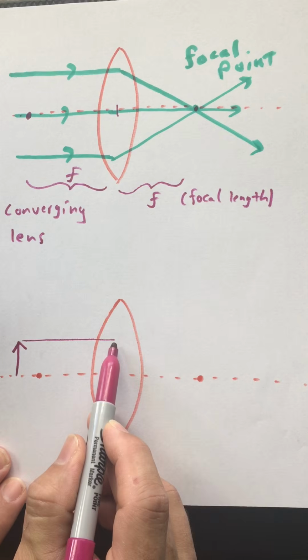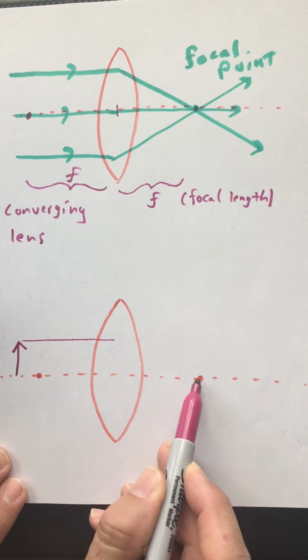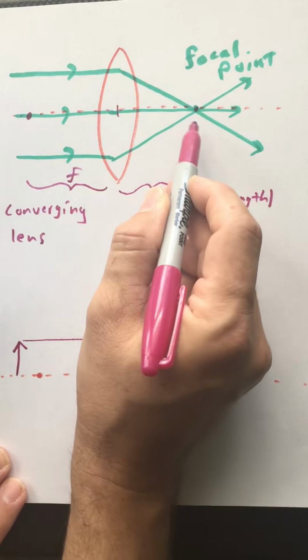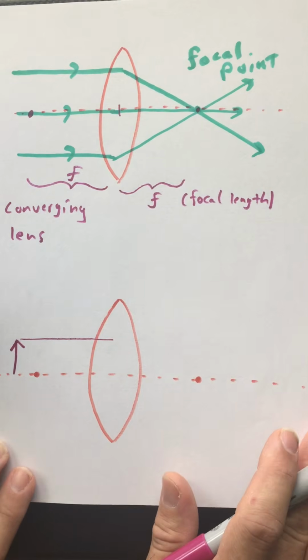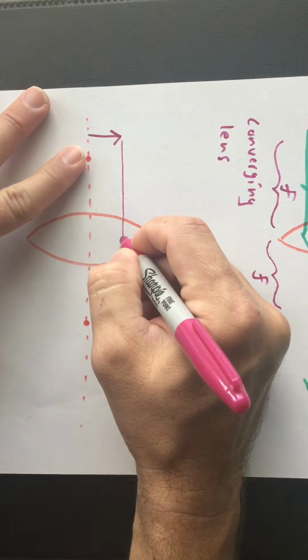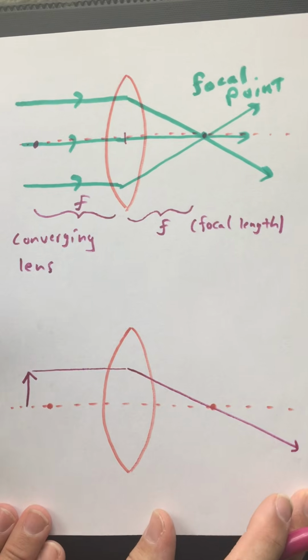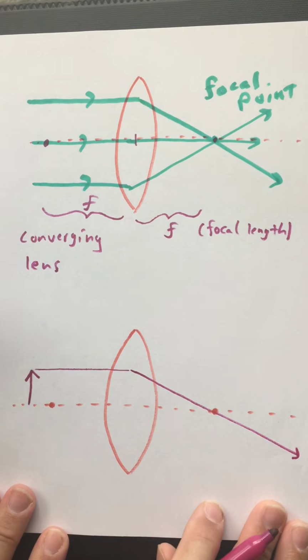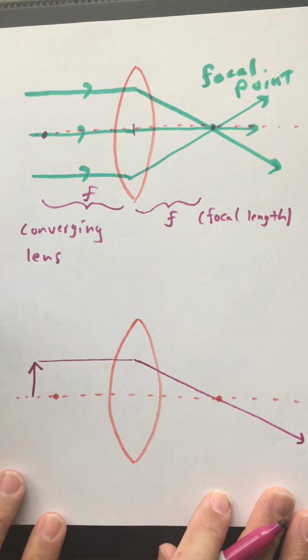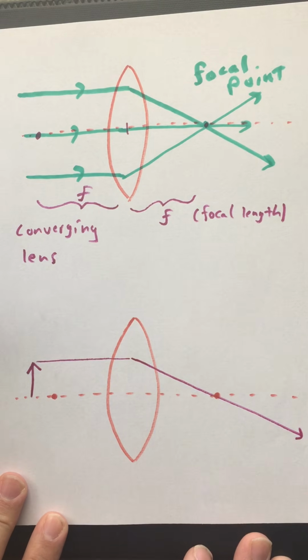It is going to be refracted such that it passes through the focal point. That's how I got to the focal point in the first place. I'm going to have to turn my paper a lot to do this. But that's what that light ray is going to do. It enters the lens, it's bent, it passes through the focal point, and carries on its merry way.